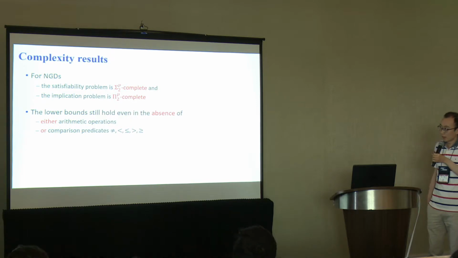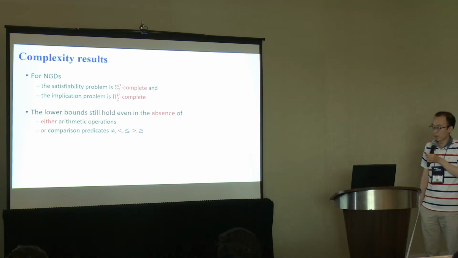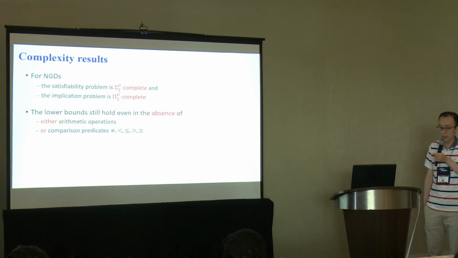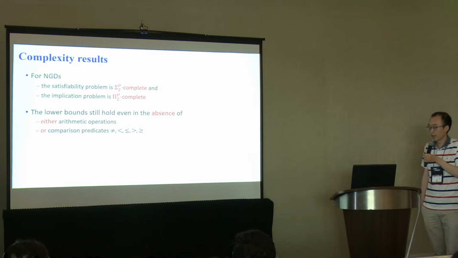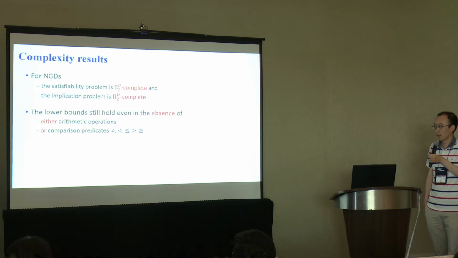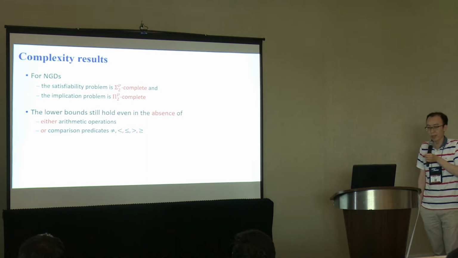We find the satisfiability and implication problems are sigma 2p and pi 2p complete respectively. And the lower bounds still hold when either arithmetic operations or comparison predicates are present, not necessarily both.